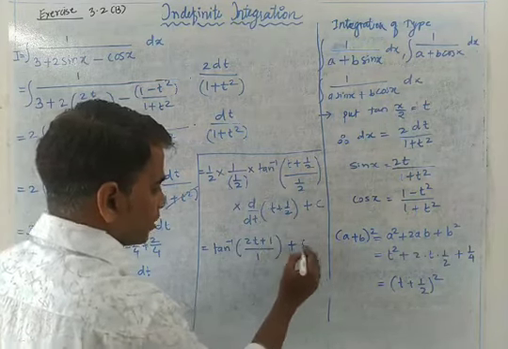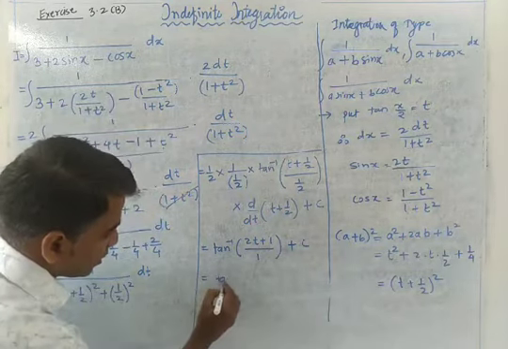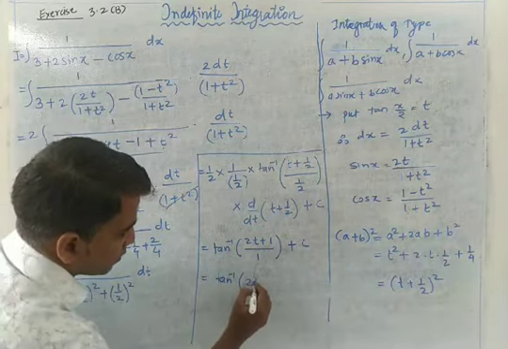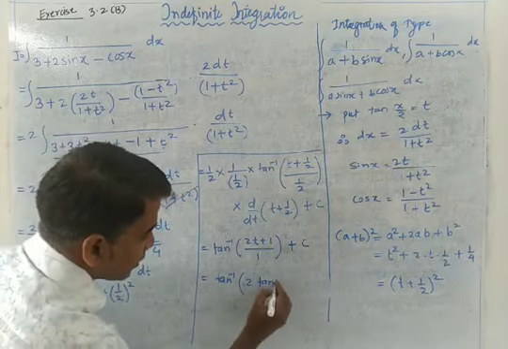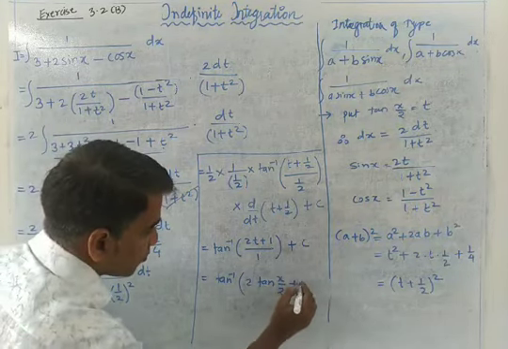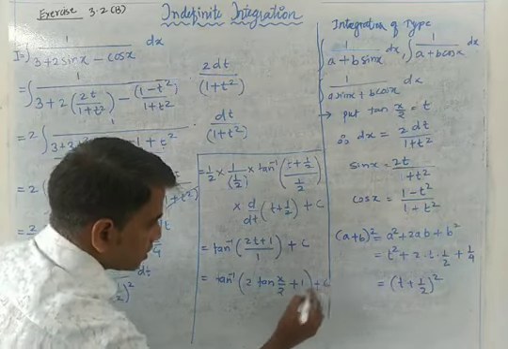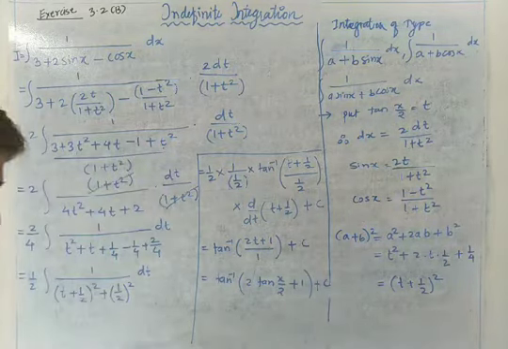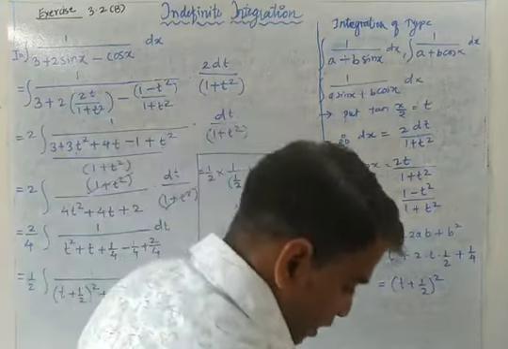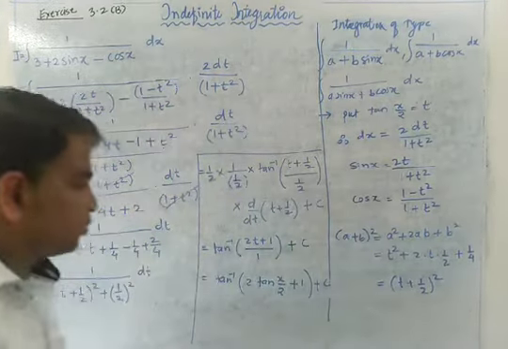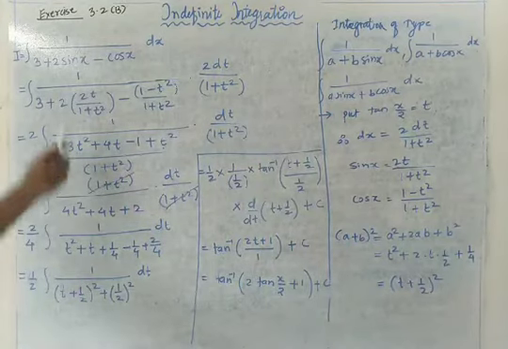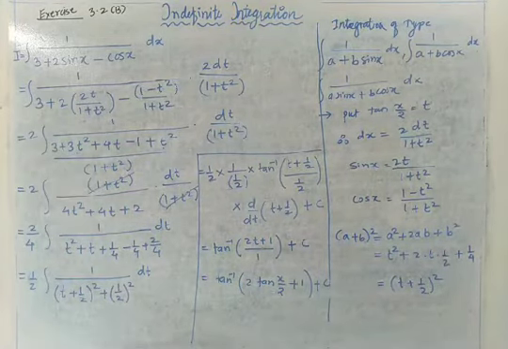So finally plus c. So the final answer is tan inverse 2t. But what is the value of t? Tan x by 2, plus 1 plus c. So it is tan inverse 2 times tan x by 2 plus 1 plus c. See, in this example both sine and cos are there.